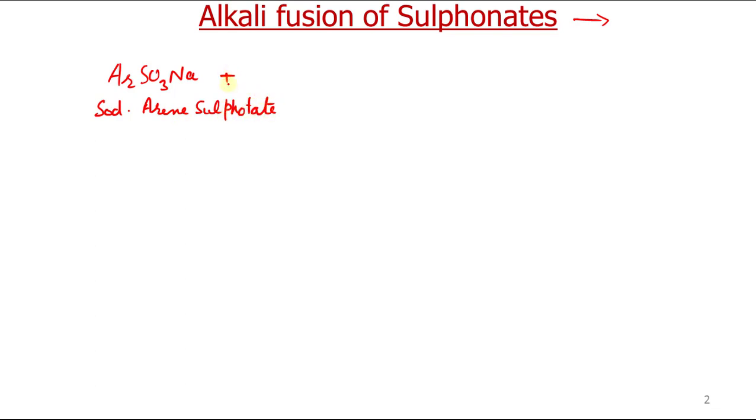If we fuse it with sodium hydroxide, and the temperature range is from around 573 to 623 Kelvin, at this condition they fuse together to give you the sodium salt of phenol. So what we get is ArONa, and we get Na2SO3 removed, and minus water.